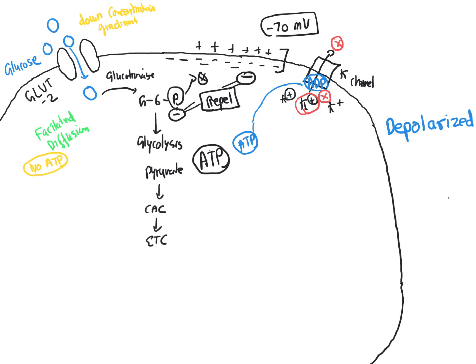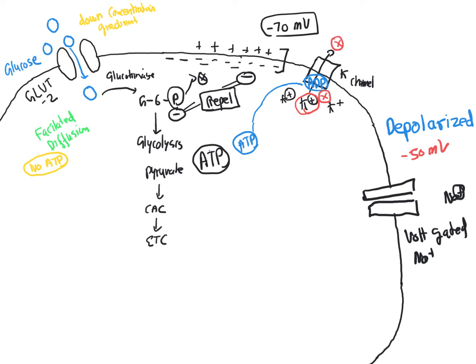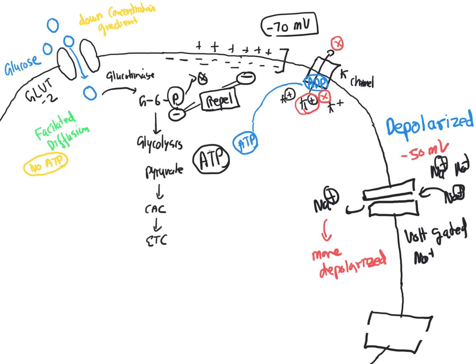And when around negative 50 millivolt is reached, threshold occurs and the voltage gated sodium channels open, and it causes more depolarization to occur because the sodium enters into the cell and the cell becomes more positive. When this occurs, eventually the calcium channels open.